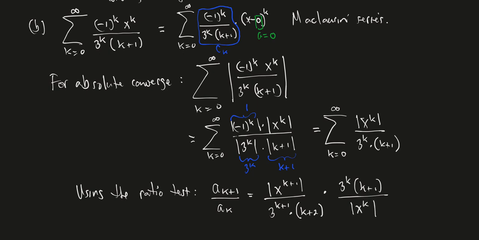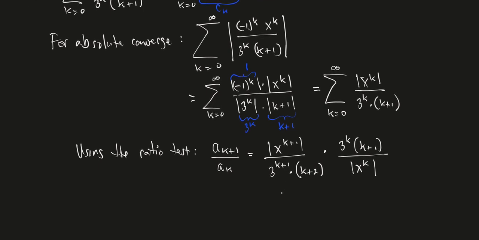Okay, so how is this going to simplify? Well, I can write this as x times x to the k in absolute value. And then the numerator here, I'll have 3 to the k times the quantity k plus 1. And then this is all over in the bottom.